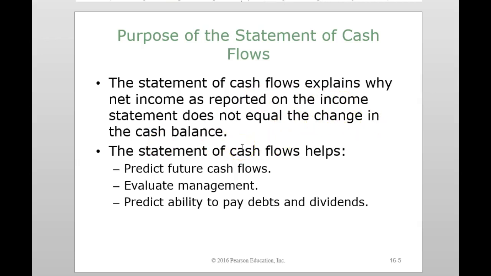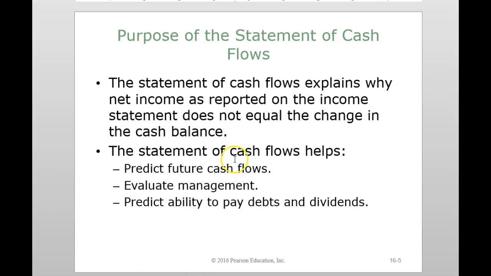Now, if you were using a cash system instead of an accrual system, you would be very, very close, or you should be. It should exactly tell you what's going on in the cash flow, but we're not. We're using accrual. So you could say that the cash flow statement takes an accrual system in accounting and kind of switches it over to the cash and shows you the cash flow through.